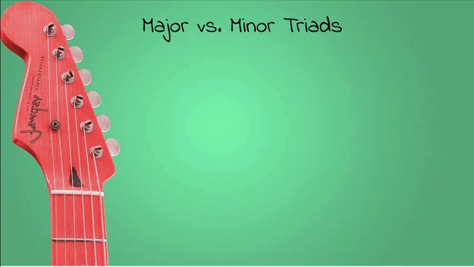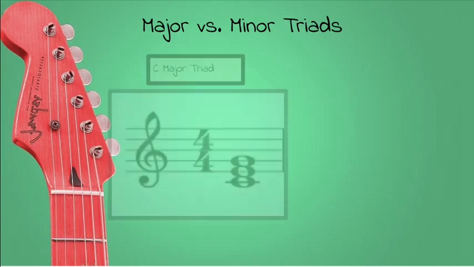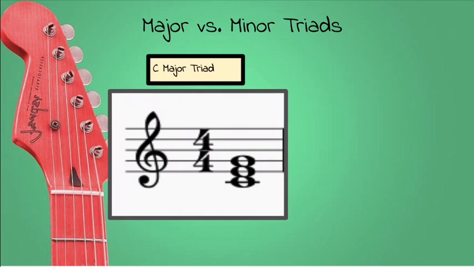Another way to think about major and minor triads is by intervals. In major triads, the bottom third is a major third, and the top third is a minor third.